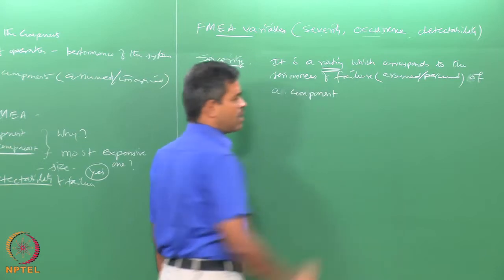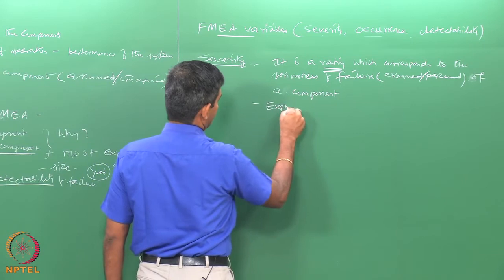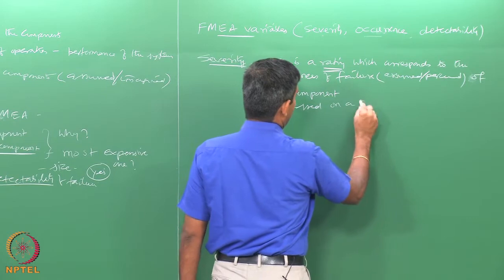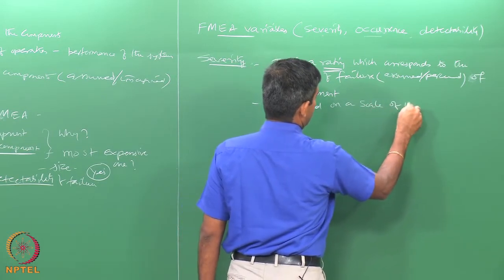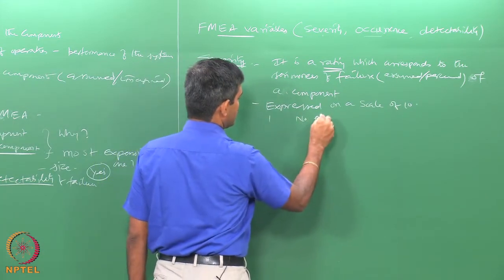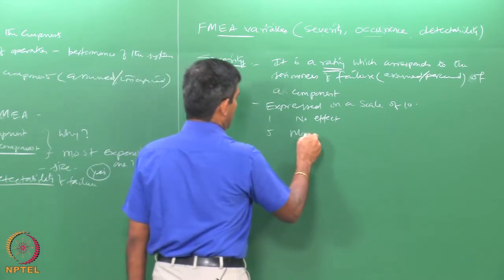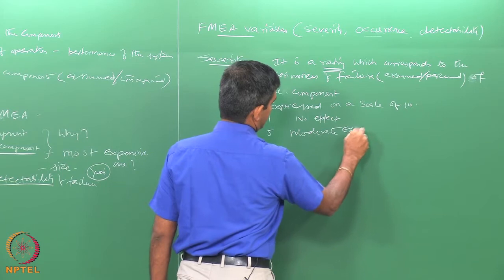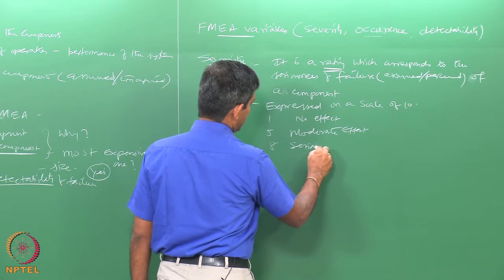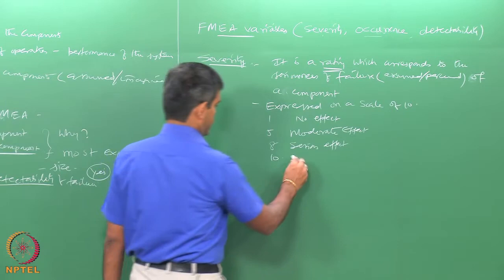The moment I say rating, I have to give a number. Generally it is expressed on a scale of 10. So, for example, 1 means no effect, 5 moderate effect, 8 serious effect, and 10 hazardous.